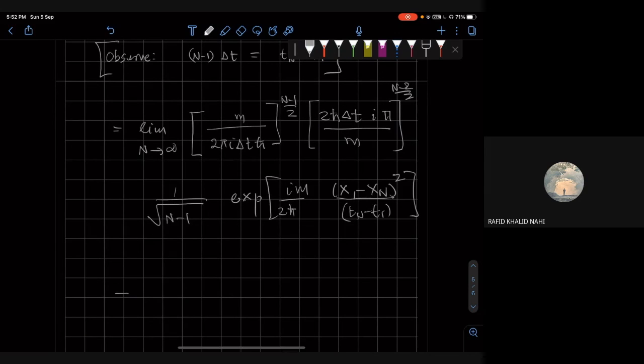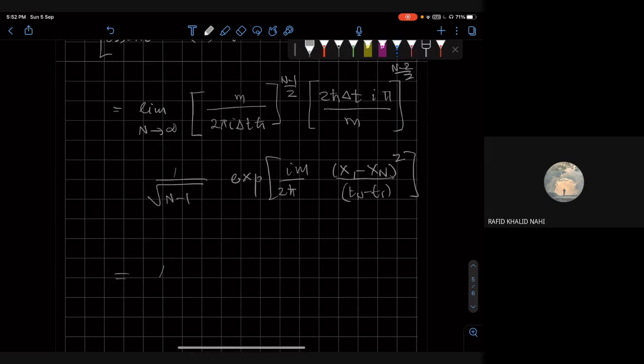So here, with all the cancellations, we are just going to get limit n goes to infinity, m divided by 2 pi i h bar (tn minus t1). There is no power, there's only power of half.